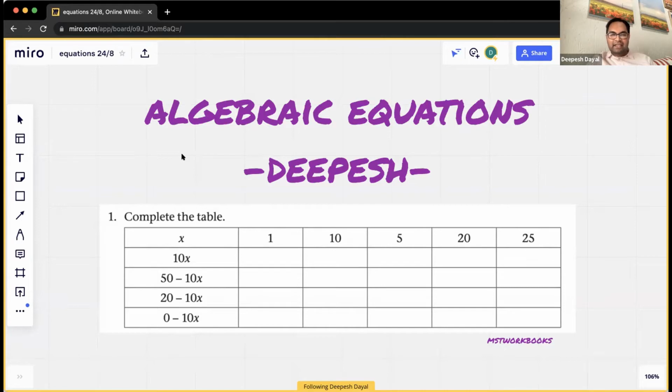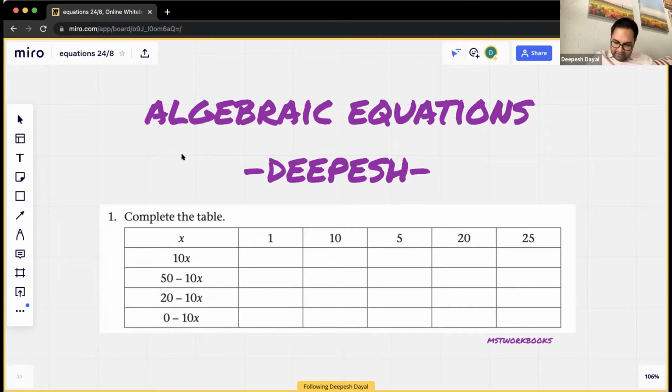Hi, everybody, and welcome to the session today. As you can see on the screen, there is a warm-up activity. We have looked at this in the previous lesson where we complete the table based on the x values given, and we're starting with these x values here, where we've got x is 1, 10, 5, 20, and 25.